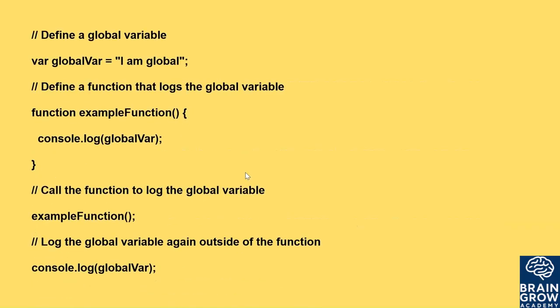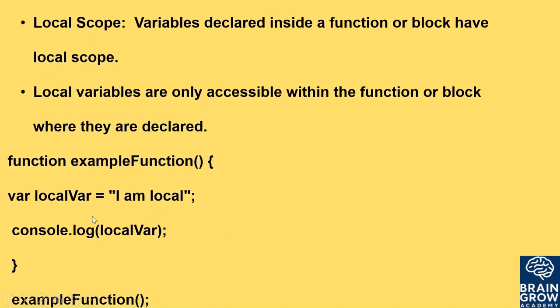So here is the example. You can see that in global scope we declare a global var "I am global", and inside functions we use this global var, and when we call these functions, for example the function, it gives the output "I am from global". So that is global scope, and another scope is local scope.